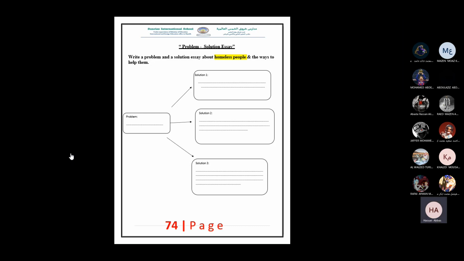It's better to use the way of advising, to say like you should, we have to, better to. So we have to reduce the prices, for example.